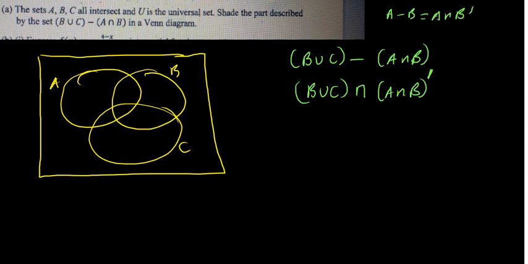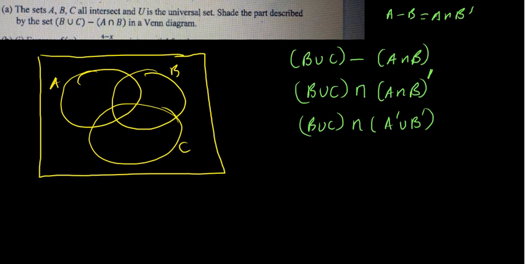So whatsoever the second thing which is here, you put a complement there when you change a minus into intersection. I can now distribute that complement. So that is going to give us B union C, and then intersection, so that will become A complement union B complement, like that.